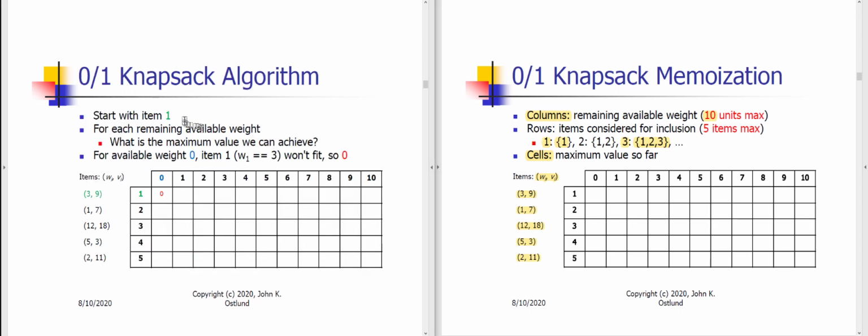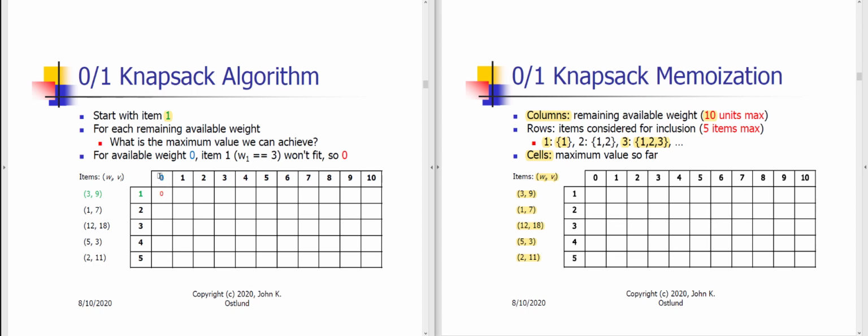So we're going to start by just examining item 1, and by looking at the maximum value that we can get from item 1 given each of these possible available weights that we have in our knapsack.